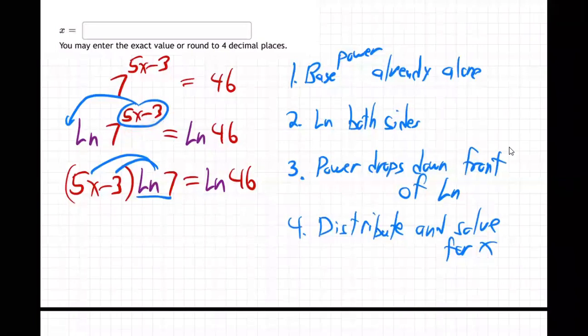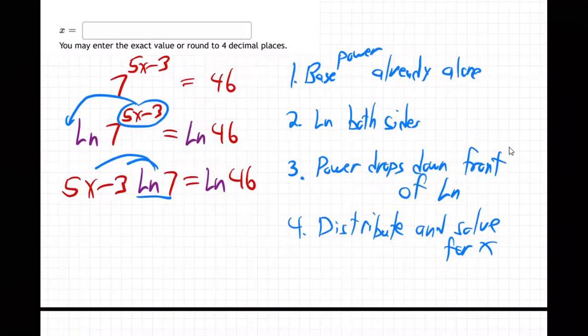Remember what parentheses are? A lot of people think they mean multiply. Usually they do mean multiply, but mainly they're a grouping symbol. So when I take the power and drop it down to the front, if I just wrote 5x minus 3 with no parentheses, that would mean only the 3 is multiplied by the ln 7, not the 5x.